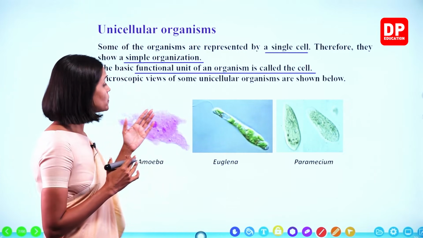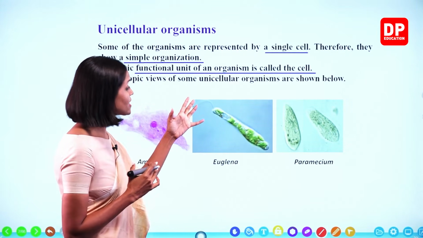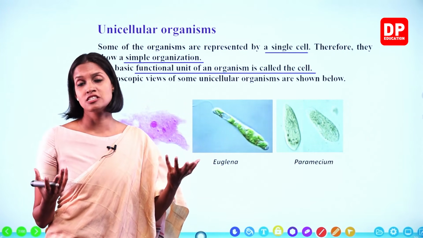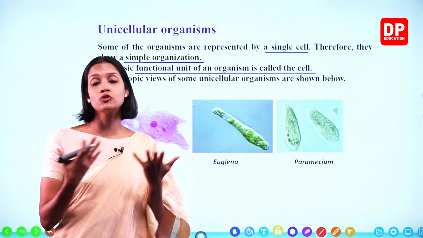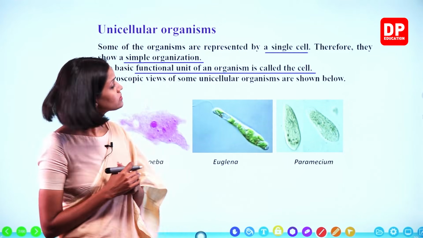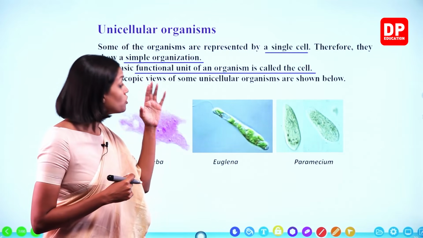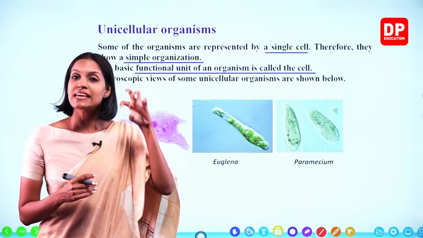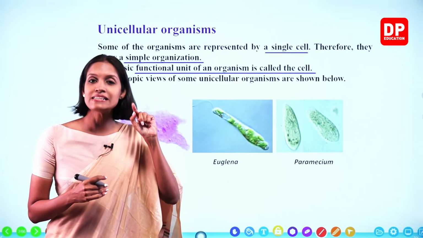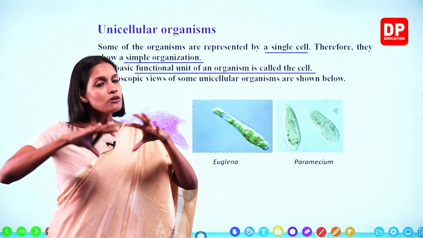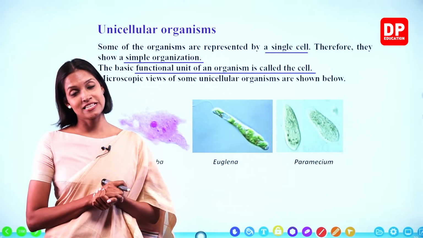But when you consider these organisms with only one cell, how do they do these things? They don't have special systems to do these activities, children. So how do the functions take place? All the functions take place inside that single cell. Single microscopic cell, all the functions can take place.